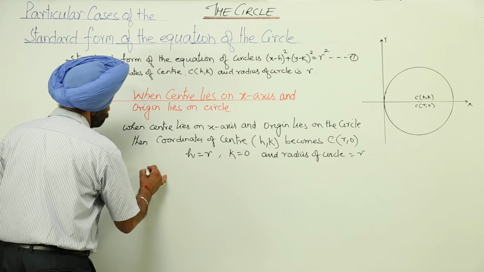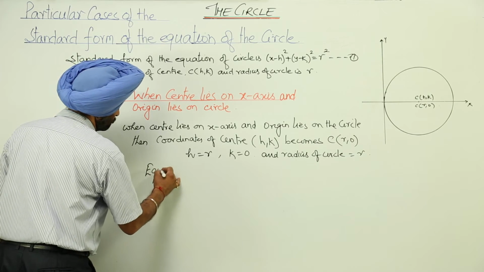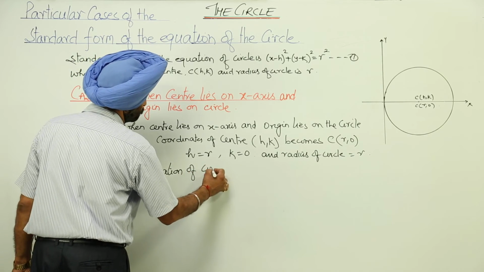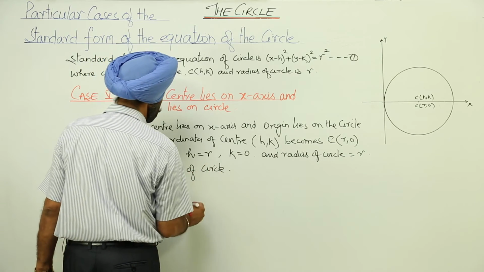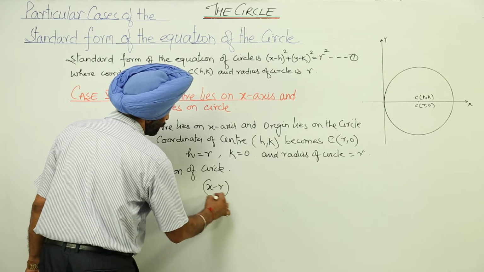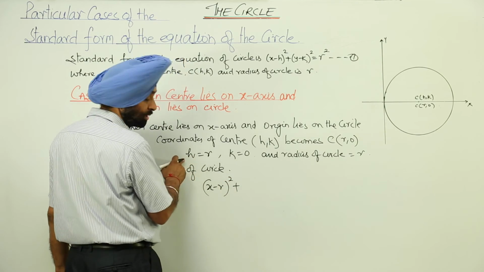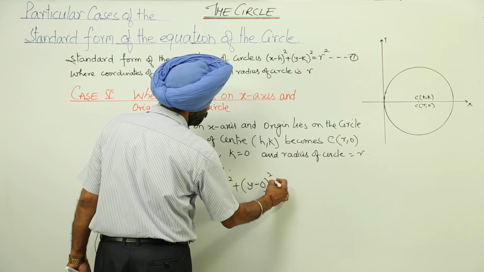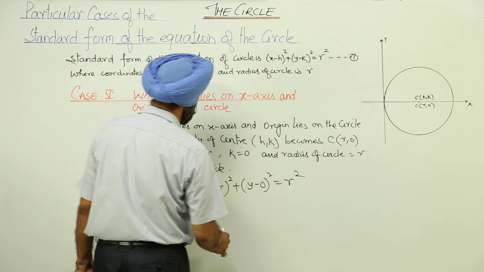Now, equation of circle, it becomes now x minus r whole square, because h we are having r, plus y minus 0 whole square is equal to r square.